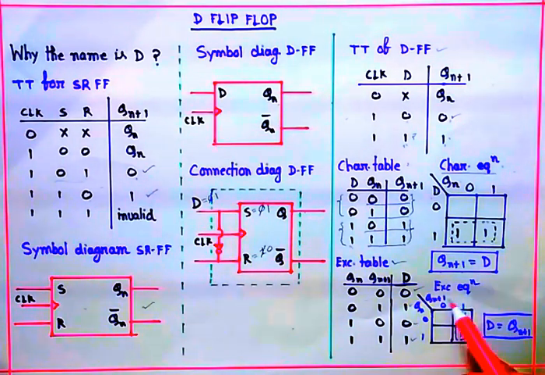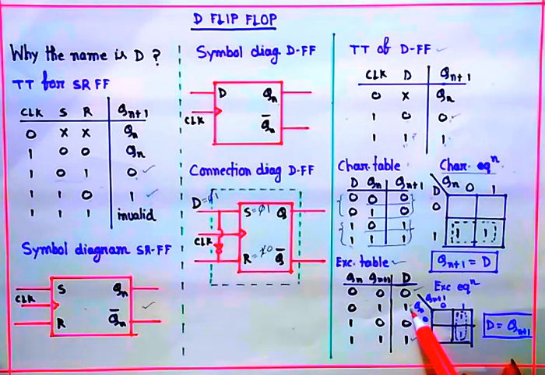Now form the excitation equation. Again draw this K-map, and on one side take Qn, and on another side take Qn plus 1. Put the values of Qn 0 1 and Qn plus 1 0 1. Now see that there is a 1 of D. For this 1 of D, the value of Qn plus 1 is 0 1. That means put a 1 here.